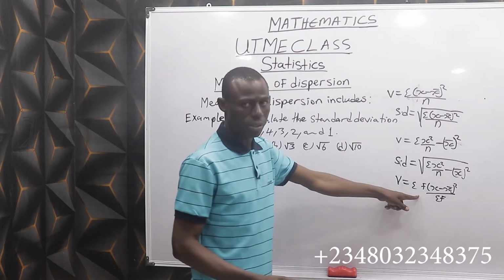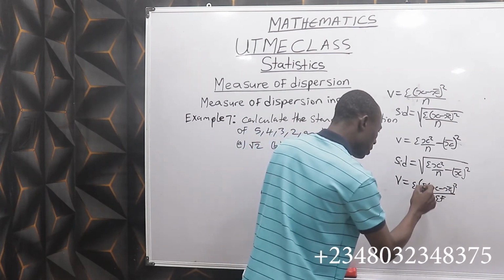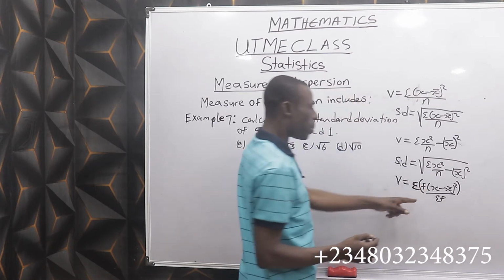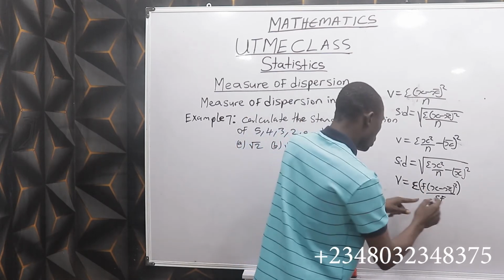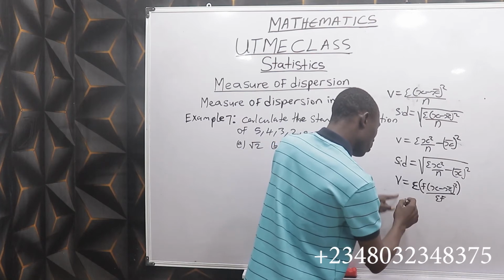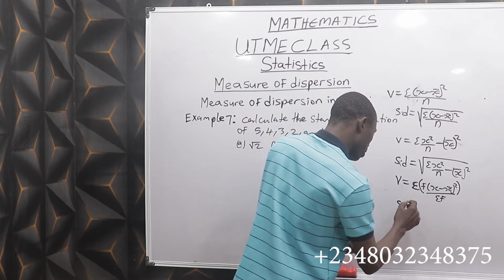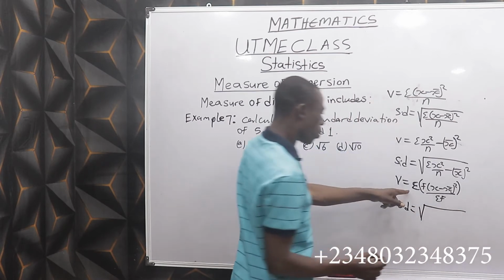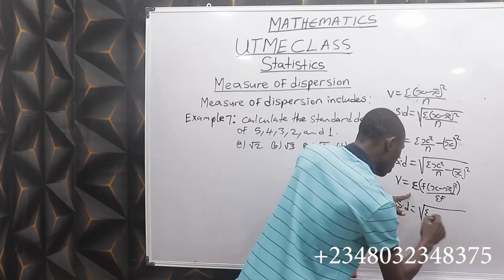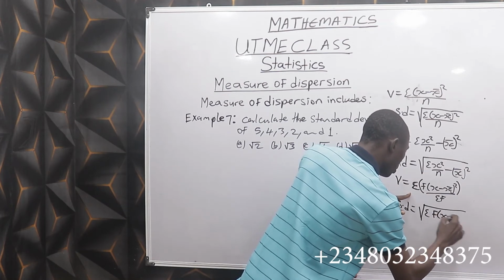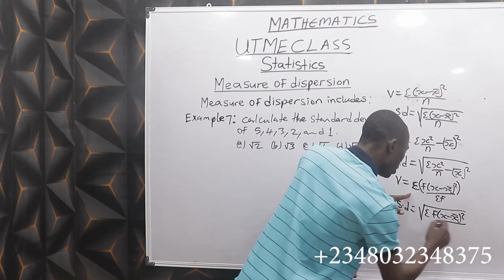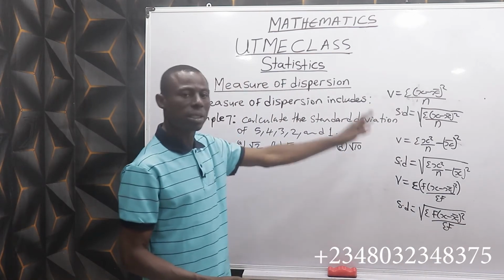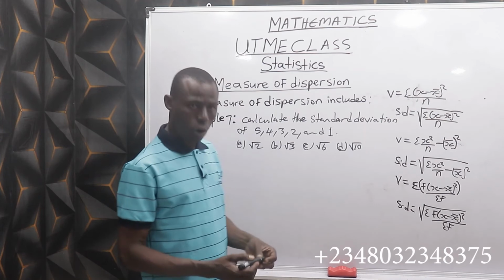Look at the way I write it, because this is with this, while the summation is just at the back. For standard deviation of the same thing, we have square root of this variance of summation f into x minus x bar all square divided by summation f. These are the formulas that you can make use of.